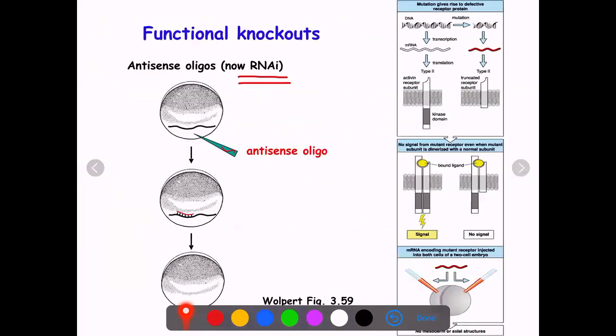So if antisense RNA binds to mRNA, then that mRNA is dead. Double-strand RNA is not tolerated. So the cell will just degrade the double-stranded RNA.